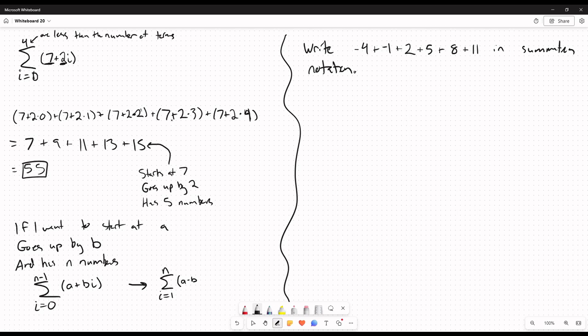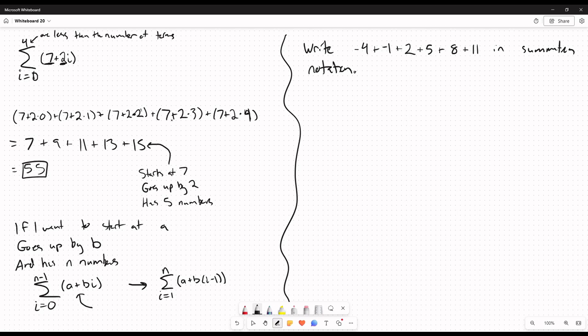So I'll have a minus b plus b. That ends up being my starting term of a, which I wanted. Or an even better way to write that is to just do b times i minus 1. Those will get you the same thing. I think this one's a little nicer to work with, but your mileage may vary.